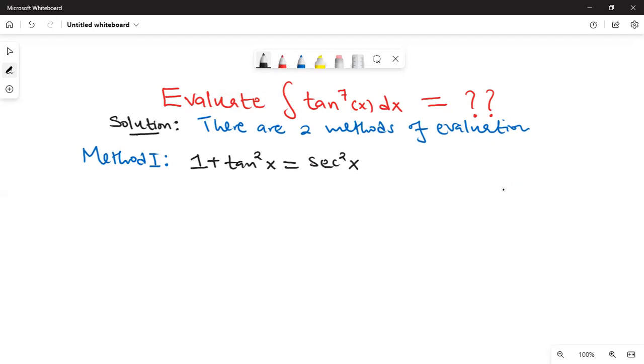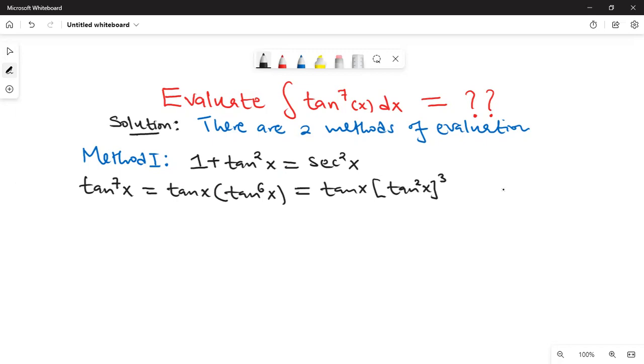So we use that identity so that we can rewrite our integrand. So take note that tan raised to 7 of x is the same as tan x times tan raised to 6 of x, which you can as well write as tan x in bracket tan squared of x, and this is cubed.